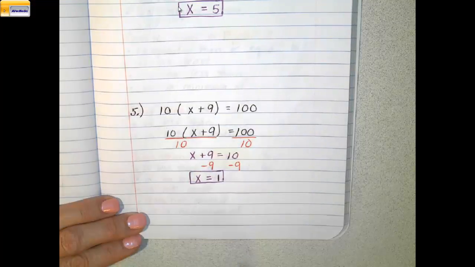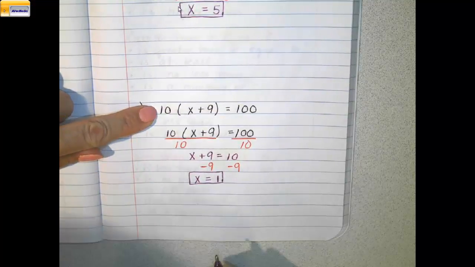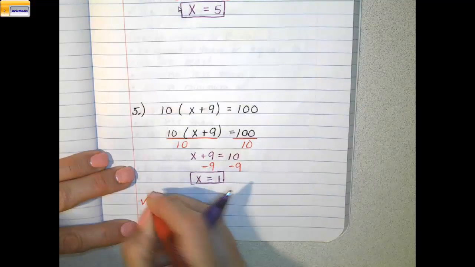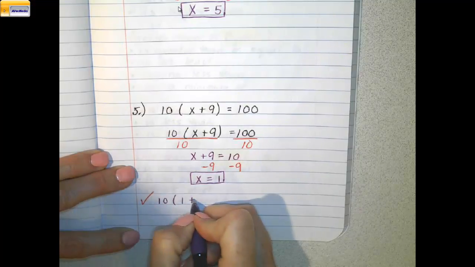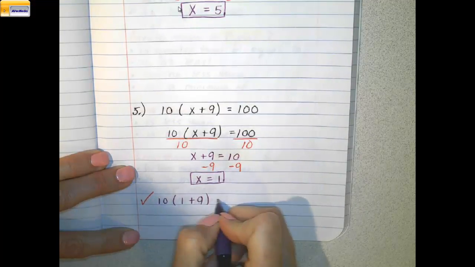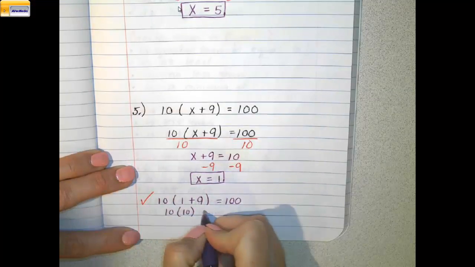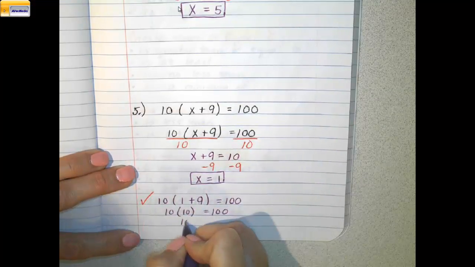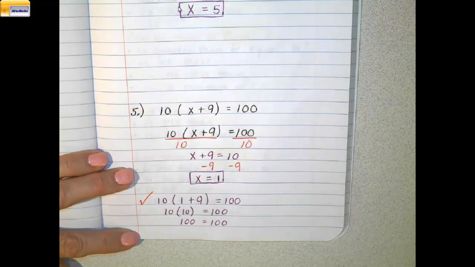If I were to go back and plug this in to my original equation to check my work, I would find that in checking I get 10 times 1 for x plus 9 equals 100. This gives me 10 times 10, which sure enough gives me 100 equals 100. So I know that I have not made a mistake.